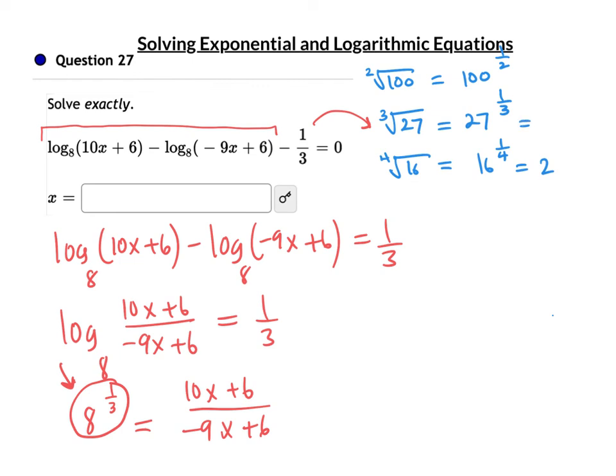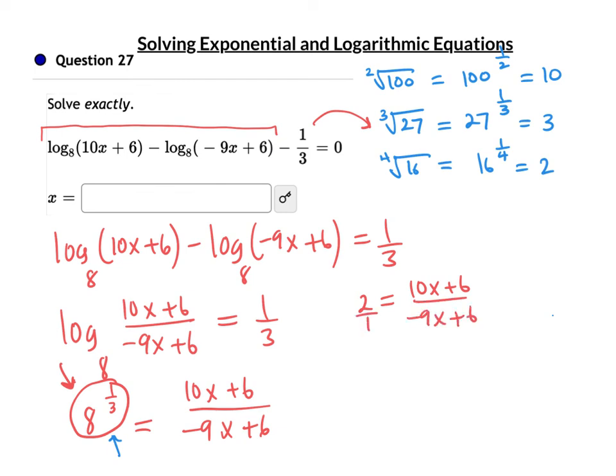And 27 to the 1/3 is the number multiplied 3 times makes 27, which is 3. And of course, the square root of 100, the number multiplied twice that makes 100 is 10. This then is the cube root of 8, which is 2. We have 2 equals 10x plus 6 over negative 9x plus 6.